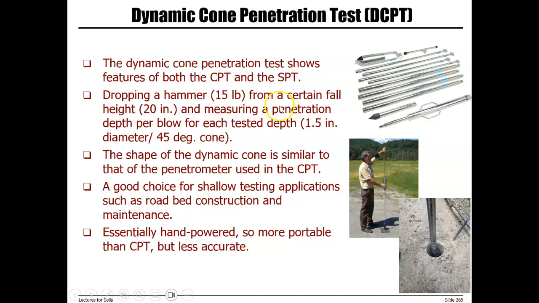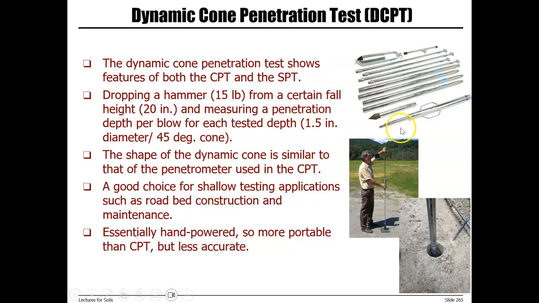We also have a test that is called Dynamic Cone Penetration Test, DCPT. It basically combines different features from CPT and SPT together. So there is a dropping hammer falling from 20 inches, but it measures the penetration depth per blow for each tested depth.